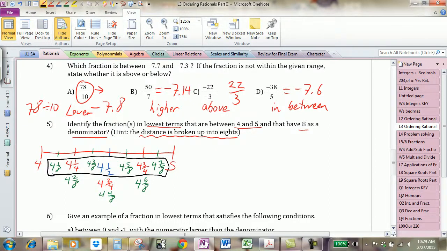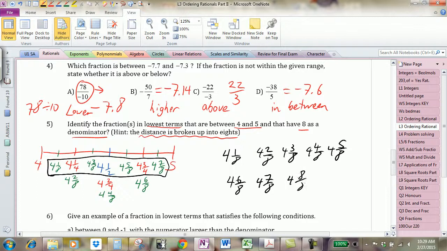Now you didn't have to start that way. You could have started with 4, and then you could have gone 4 and 1/8, 4 and 2/8, 4 and 3/8, 4 and 4/8, 4 and 5/8, 4 and 6/8, 4 and 7/8, and then 4 and 8/8.